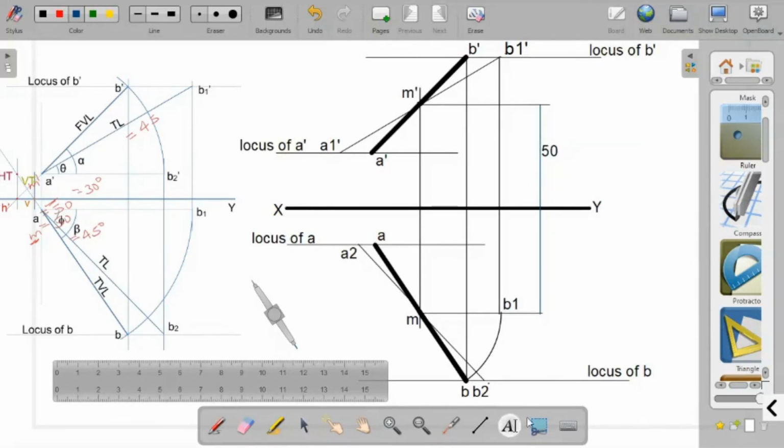Now you draw the rectangular box, and within that box write down the true length, true inclinations, and apparent inclinations. Apparent inclinations are these values. This is alpha, and this angle is beta. This is phi, and this is theta. So this way you can complete it. I hope it's clear for you.